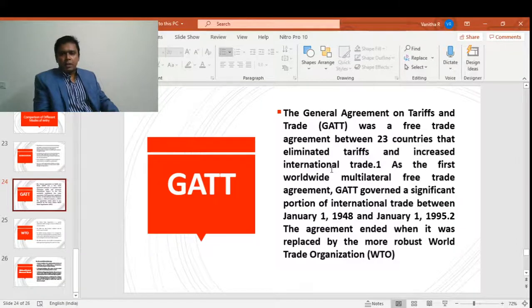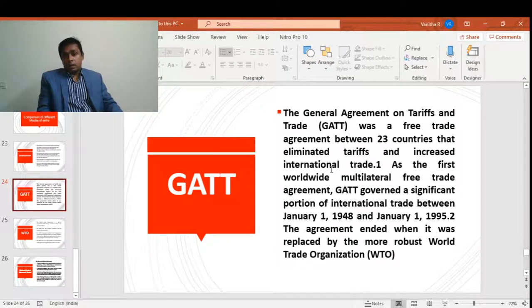Then multilateral is more than three countries. So two, three countries, they may be geographically very neighboring countries. So it is easy and seamless for them to transport or import or export goods. So that way they never used to go far away. But the need and demand was more in the other countries, geographically far away.